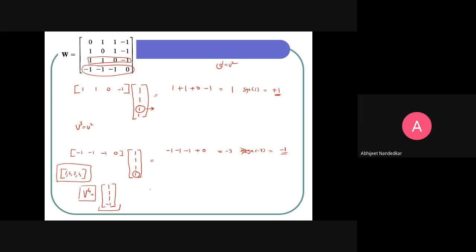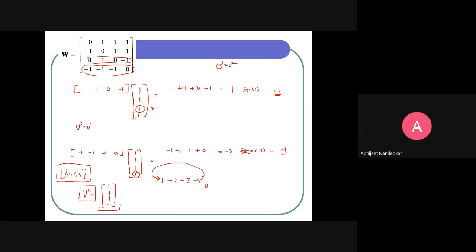So we will now enter into second iteration. In first iteration, neuron 1 was allowed to change, then second, then third, then fourth. Now we will take the latest copy of V and we will go back to neuron number 1. We will allow again bit number 1 to change its value.